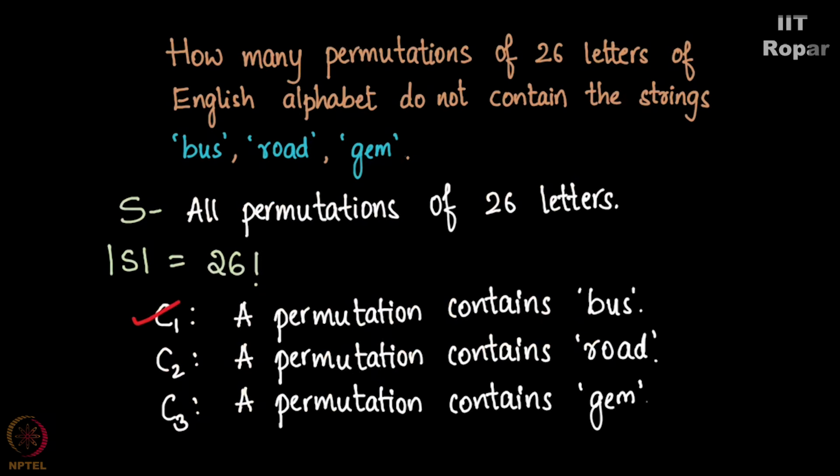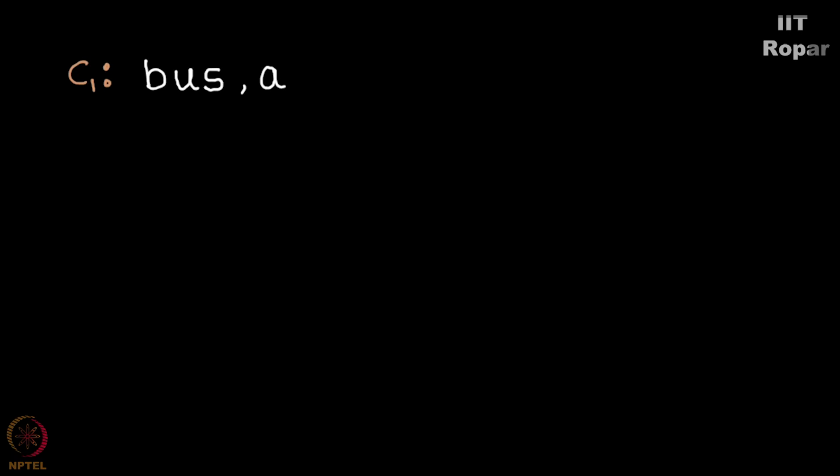What are those permutations which satisfy condition 1? Condition 1 says it must contain the string bus. So, let me write bus here and then A. I'm not going to write the alphabet B because it is already over here. A, C, D and so on, Q, R. Again, I'm not going to write S because it is in the string bus.